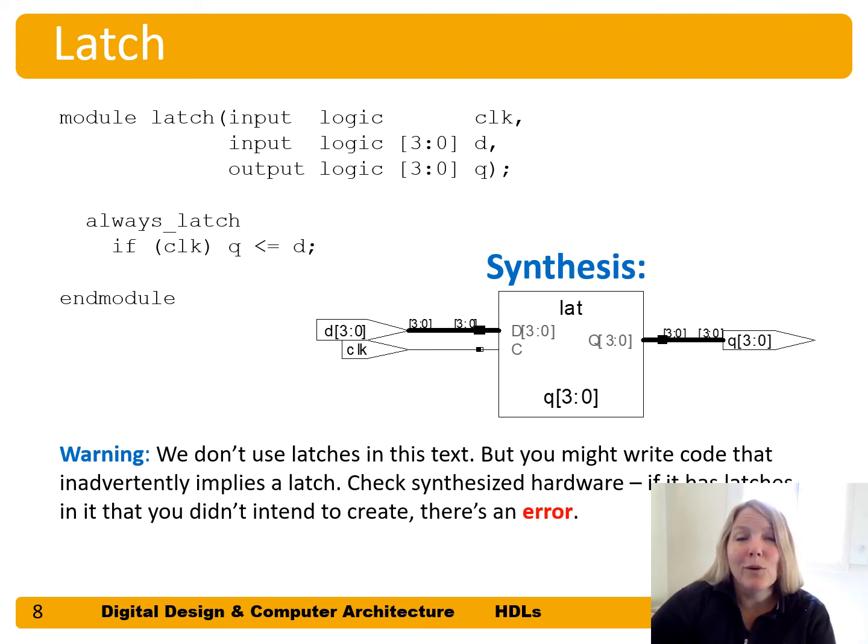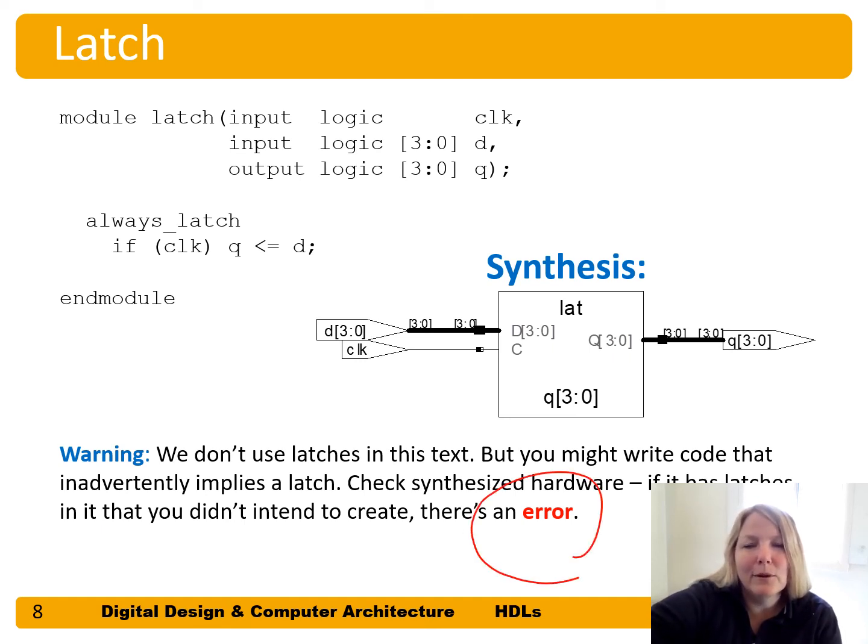So let's talk about one other state element or sequential logic circuit that we actually won't use, and you generally don't use in your designs. In this class, if you produce a latch, it's an error.